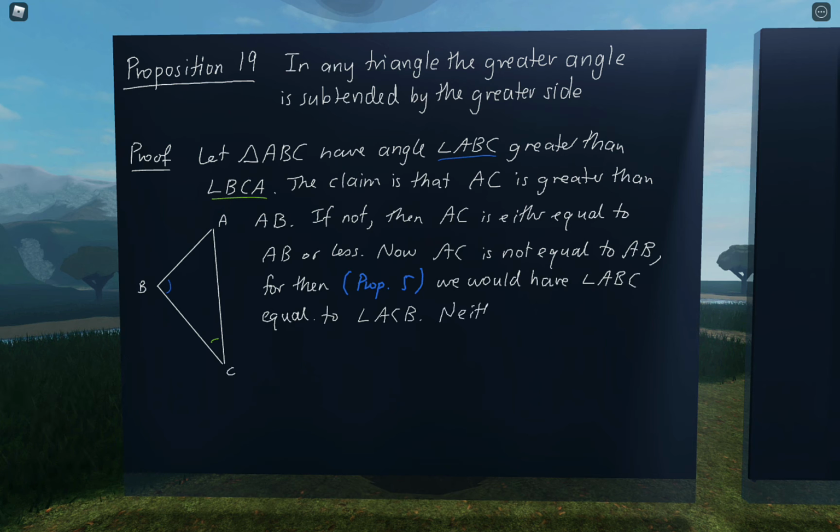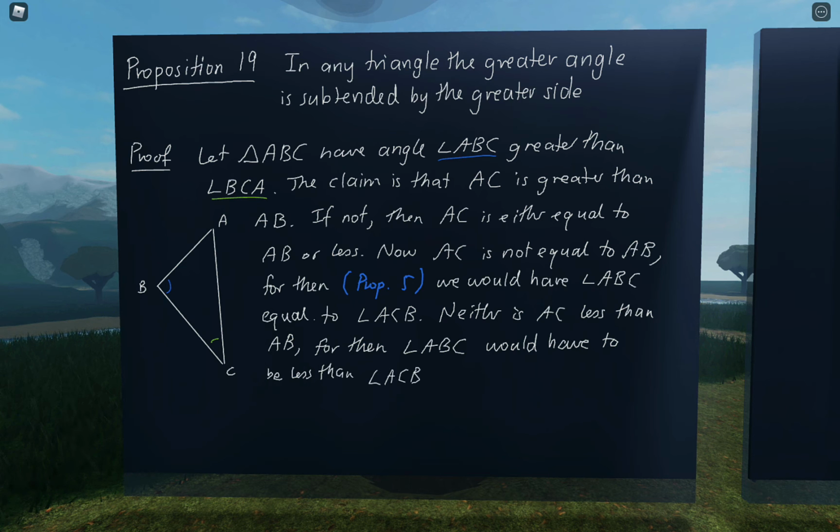Neither is AC less than AB. For if it were, ABC would have to be less than ACB, by what Kenneth just said, and that's proposition 18.